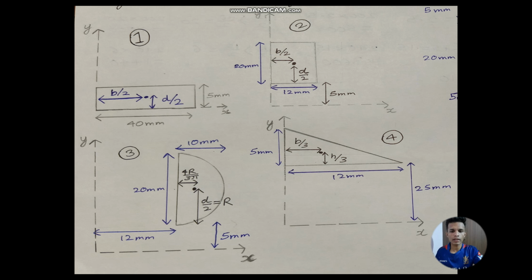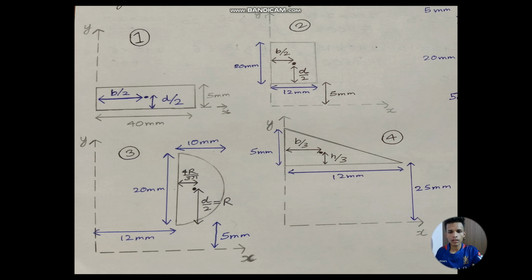To find the centroid from the x-axis, we need to divide height by 3 and add this 25 mm. So h by 3 will give around 1.6, plus 25 will be 26.6, which we'll see in the next slide in the calculation table.